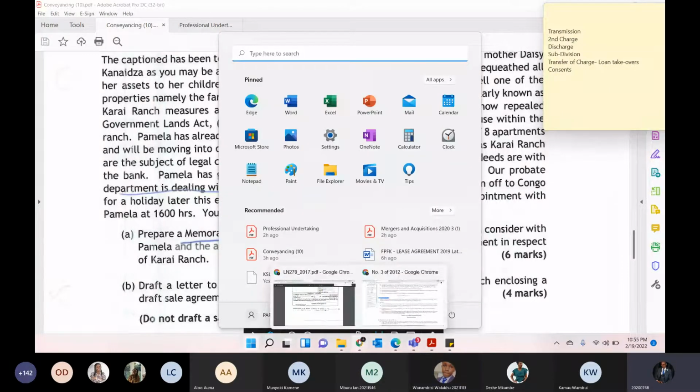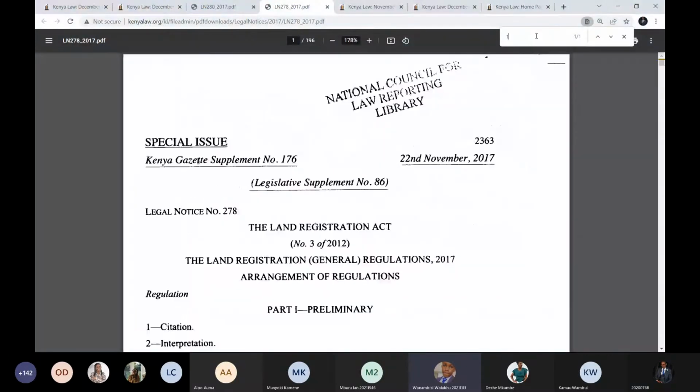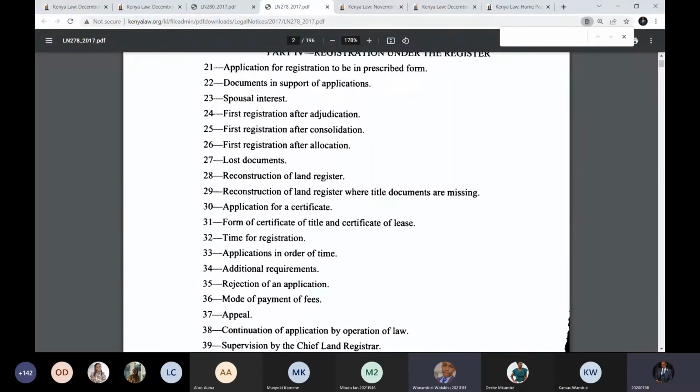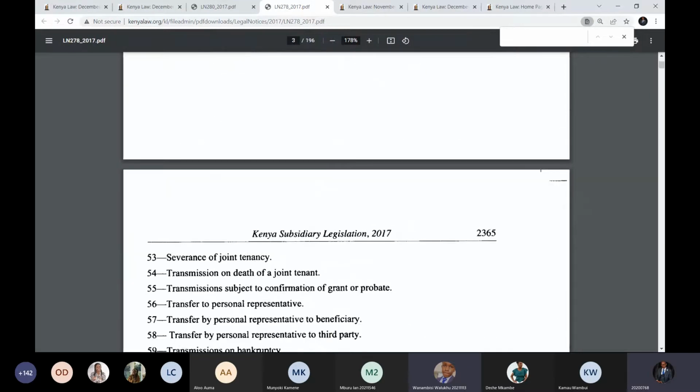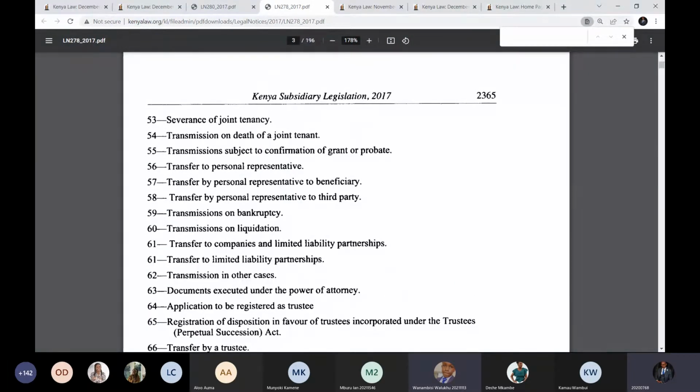I believe transmission, since the land is being passed from one person, who I believe is the deceased, to another by operation of law, that is by death.